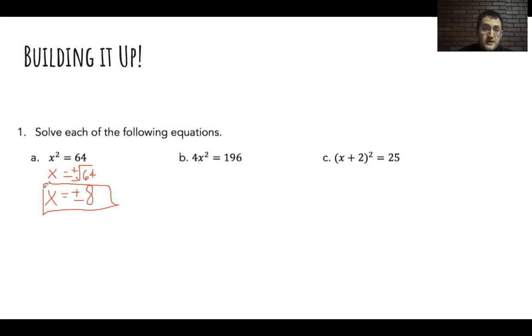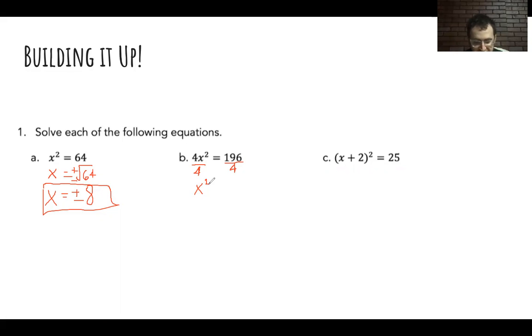So the next level above this one would be in something like b, where I have 4 times x squared. So I ask myself, what is the opposite of 4 times x squared? The opposite of that is dividing by 4 instead. And when we do that, I'm going to get x squared equals 196 divided by 4.